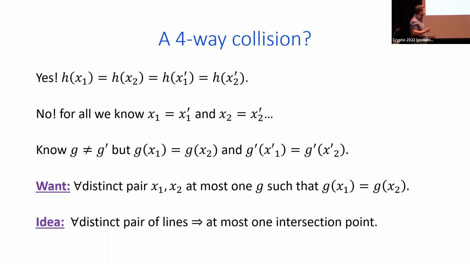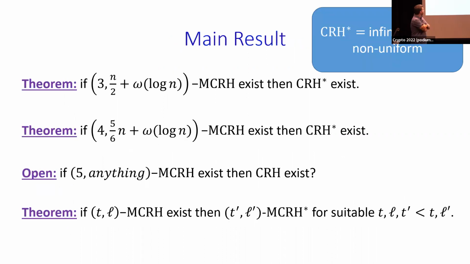I won't go into more detail. But basically, an extension of this geometric fact to finite fields is what we use in order to design our hash function G, and that is how we can guarantee that you get at least a three-way collision. Okay. So to summarize again the main results, we show that in these regimes, we can use the existence of MCRH to get CRH, the collision-resistant hashing, with this asterisk.